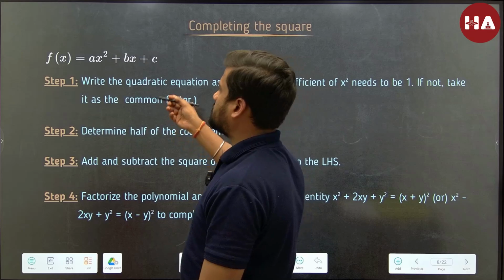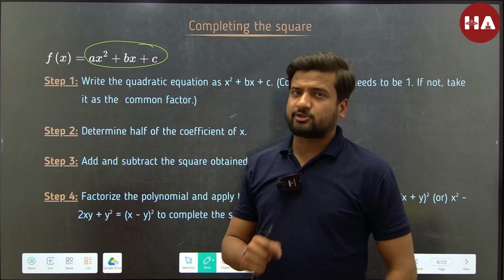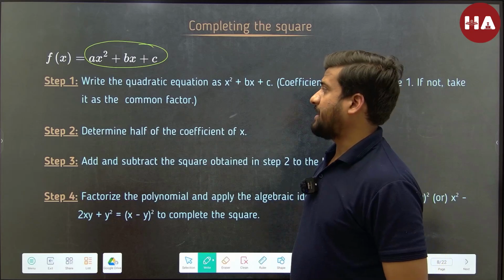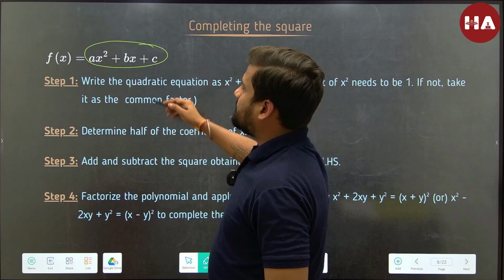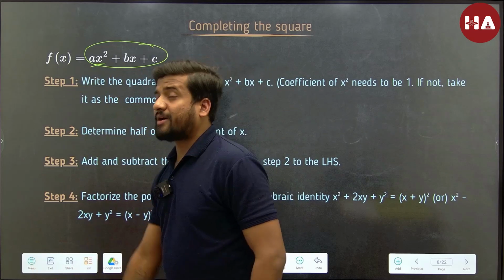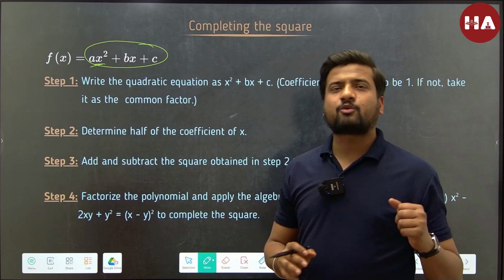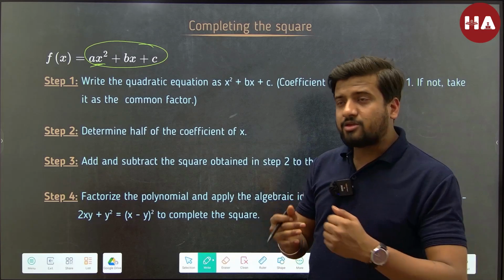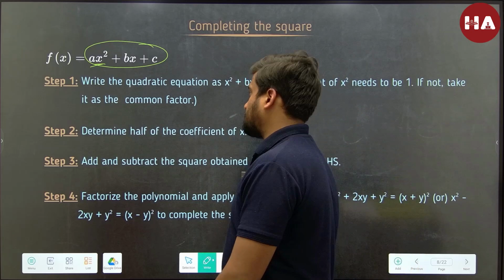Let's assume I have a quadratic expression ax square plus bx plus c. Now what's the first step? My first step is, I'll be making the coefficient of x square as 1. That is, I'll divide the entire equation by a, or you can say I'll take out a common from the entire equation.